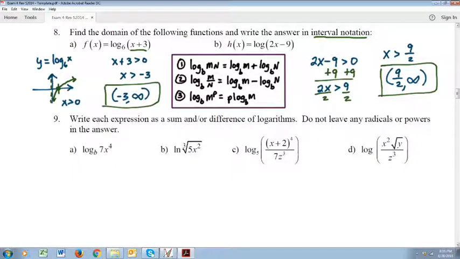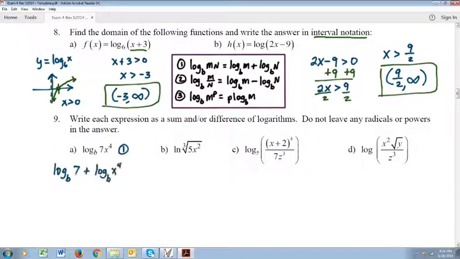And so I can't just pretend that this 7 is not there and move the 4 out front. If you look at what we have here, it's just a single base to a power when we move the power. And that's not what we have here, so we're going to have to use the product rule first.